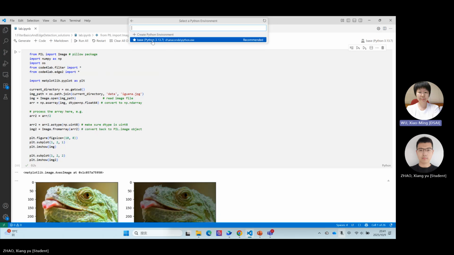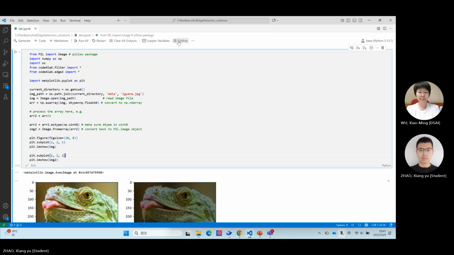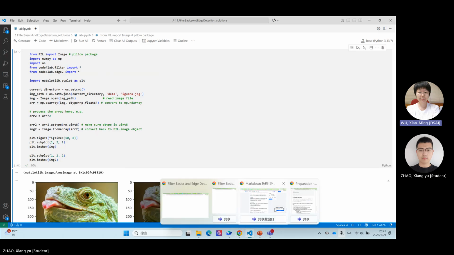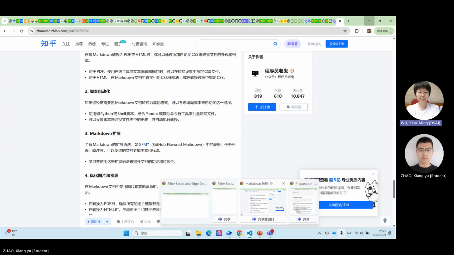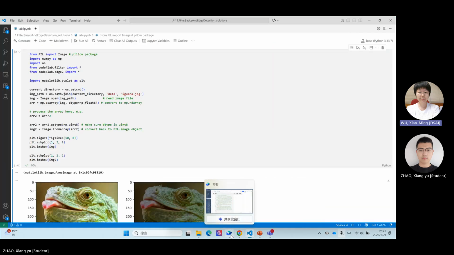If you have downloaded Anaconda, you can just select the base environment. After this, you can just run your code such as this. It's very easy. And if you have any questions, you can contact any of our teaching assistants.